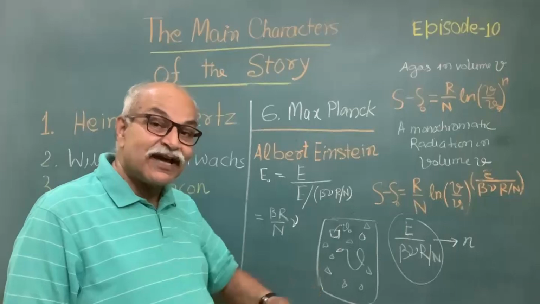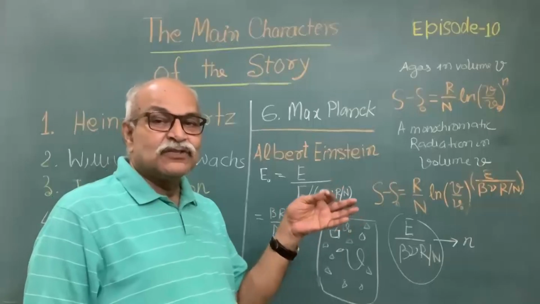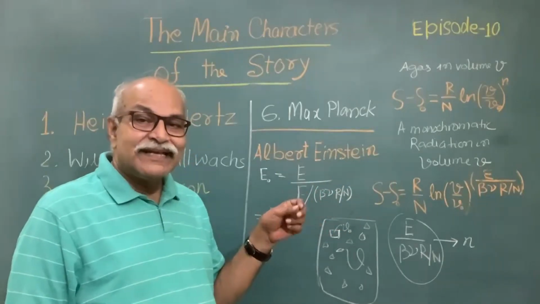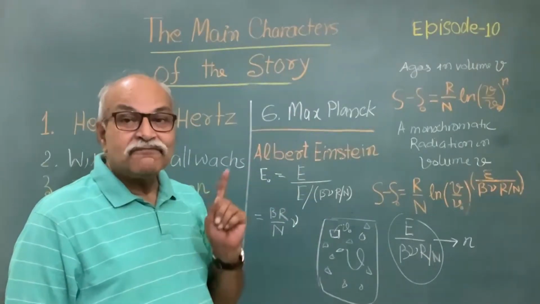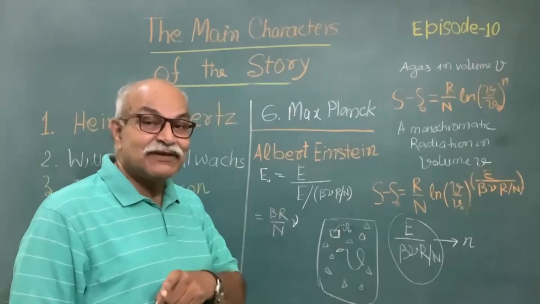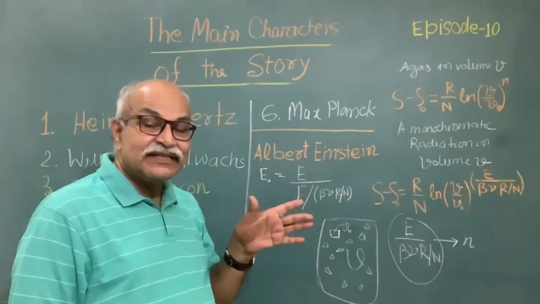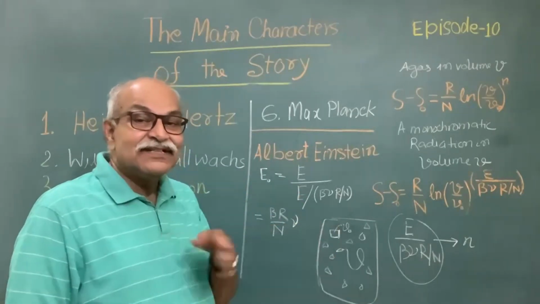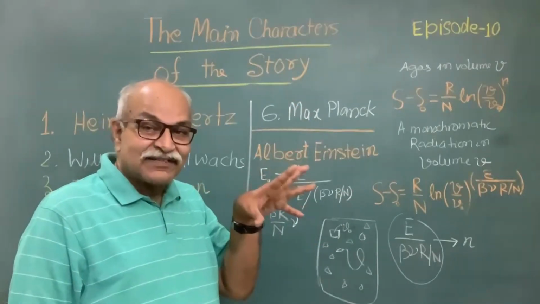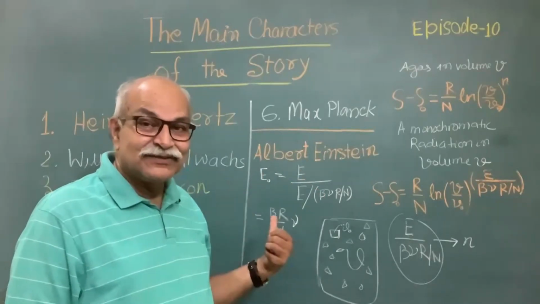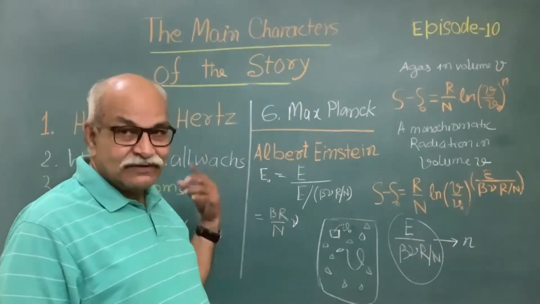Planck has obtained the values of alpha and beta. Actually alpha and beta are related, so the value of beta is taken which matches the experimental curve of intensity against wavelength. How the energy of this radiation is distributed in different wavelengths, that is the spectral distribution, which goes through a maximum, to match that is what beta is needed. So beta is a fixed quantity, once again fixed, and in fact a universal constant.